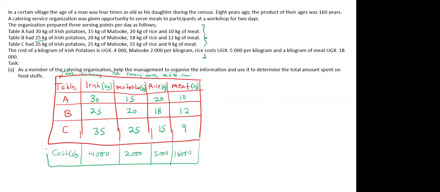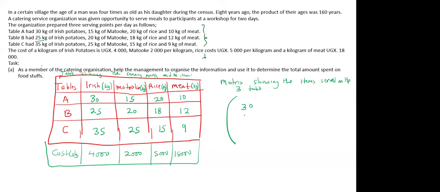Now this is my information. Then the next thing I do is that I'm going to extract the matrix. So I say matrix showing the items served on the 3 tables. So I extract my matrix.